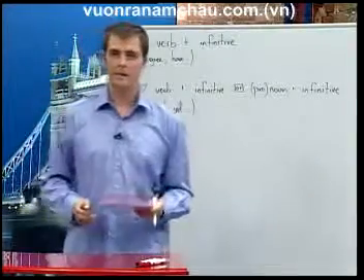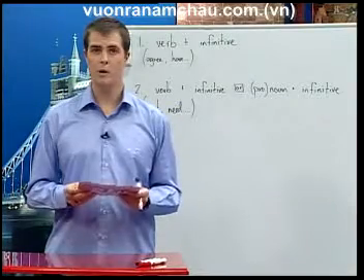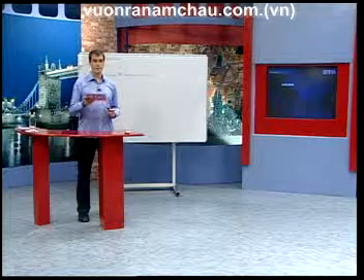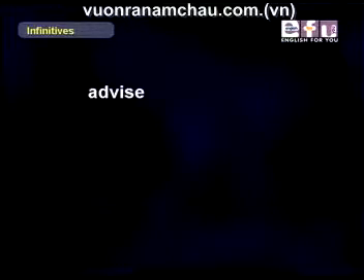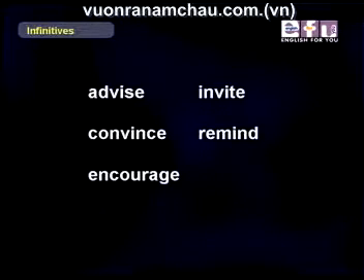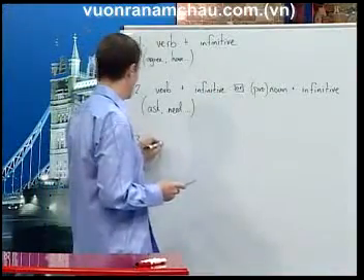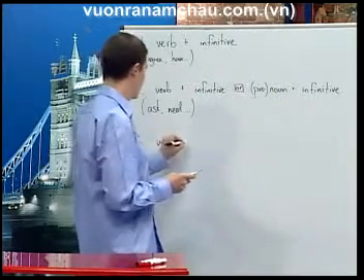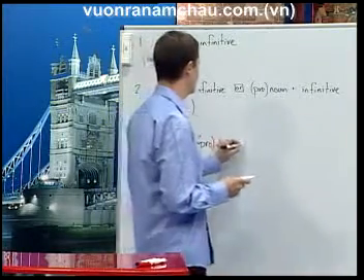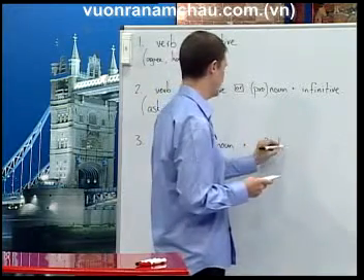Some verbs must be followed by a pronoun or a noun before an infinitive when they are in the active form. So some examples of these verbs are advise, invite, convince, remind, encourage, and teach. And let's put that form on the board. We have verb plus a pronoun or a noun plus the infinitive.